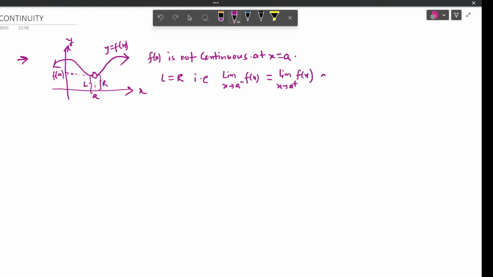So we can say limit x tends to A f(x) exists, right? So it disobeys our continuity, right?